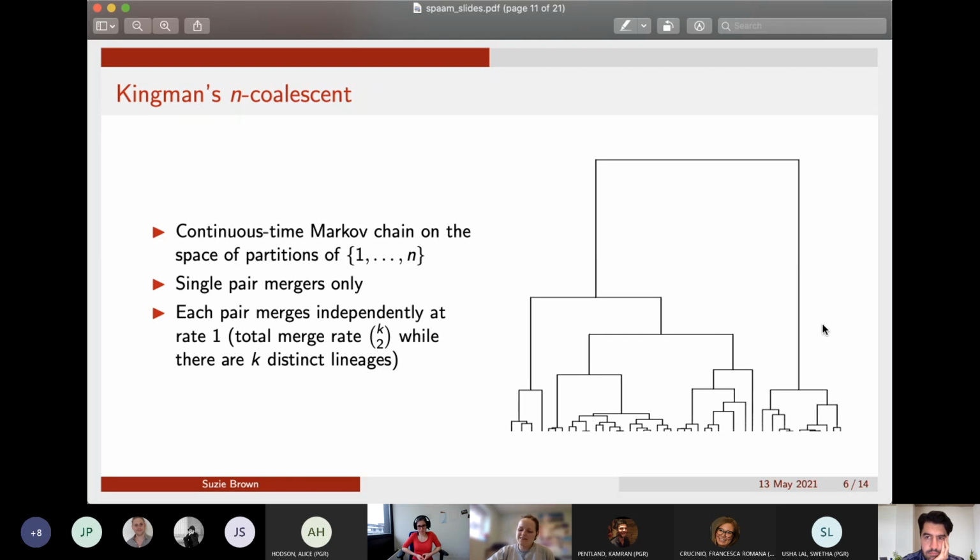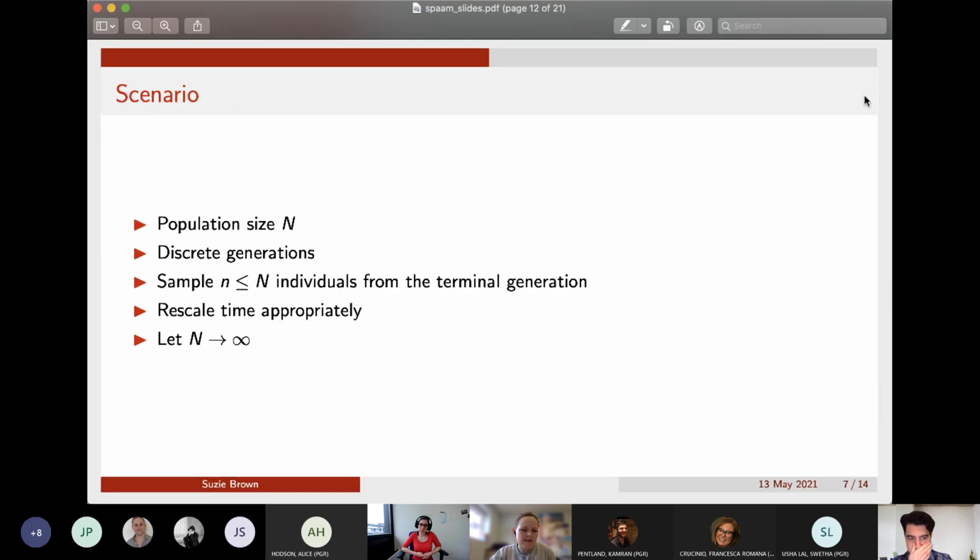Just to give you a spoiler, this is going to be a limiting process for certain classes of models of the type that I've introduced, but I will get to that shortly. So the scenario that we're in is where we have this population size capital N, although in a minute we're going to let that go to infinity.